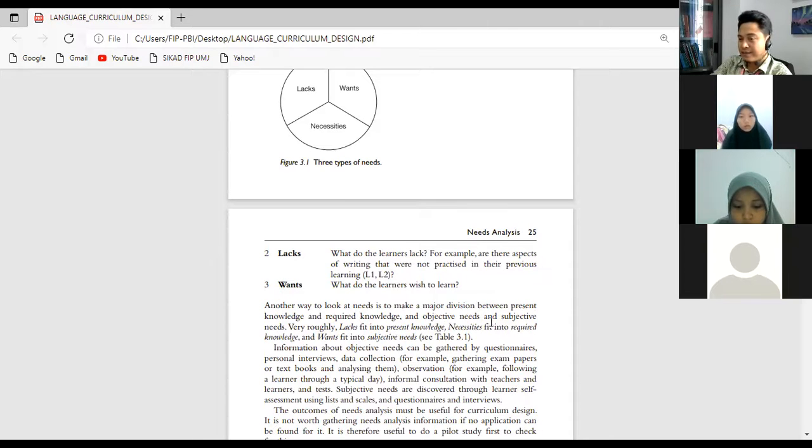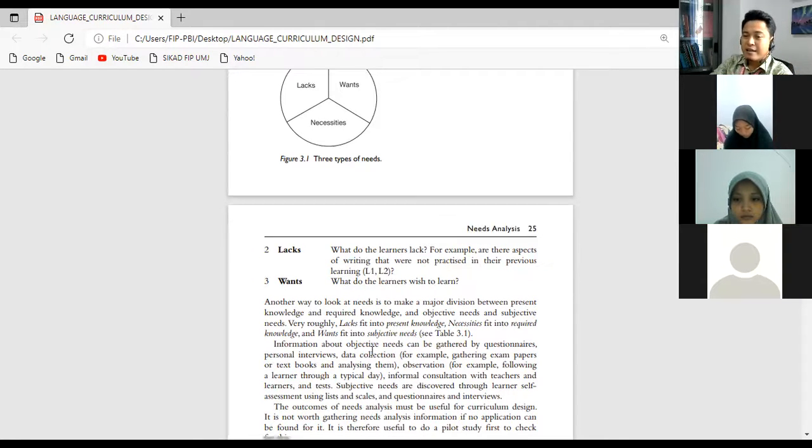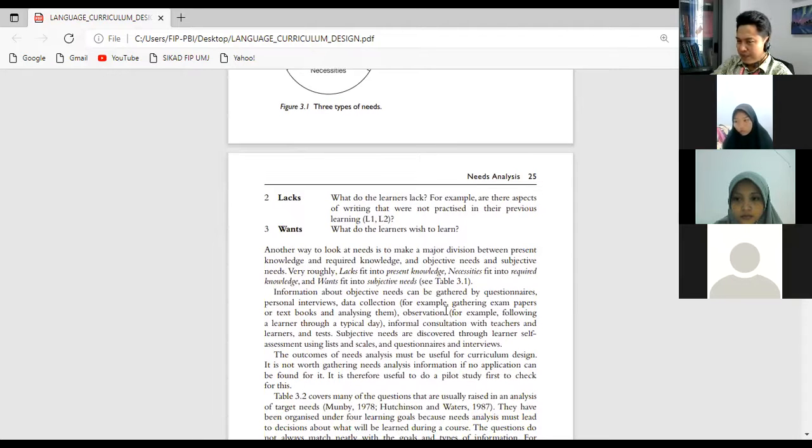And then necessities fit into required knowledge. Okay, so we can see the difference between lacks with present knowledge, and necessities with required knowledge, and wants fit into the subjective needs. And then information about objective needs can be gathered by questionnaires, personal interviews, data collection.